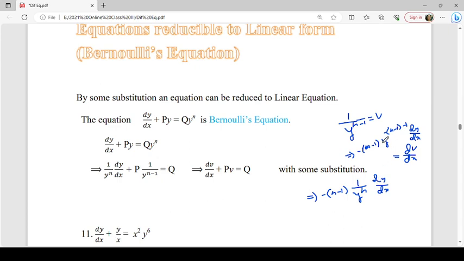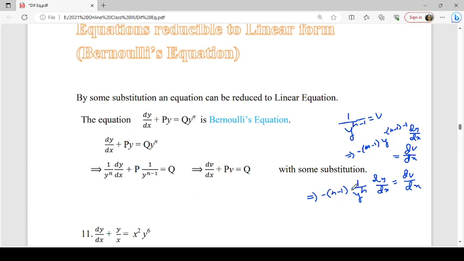So this is minus n plus 1 minus 1, so it is minus n, so it is 1 by y to the power n, and this is equal to dv dx. So this 1 by y to the power n dy dx we write as dv dx.